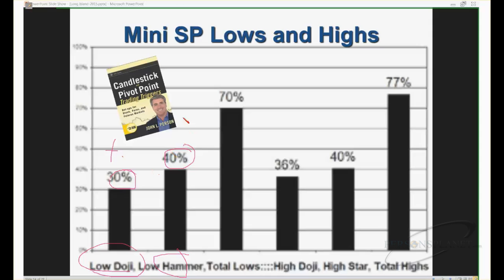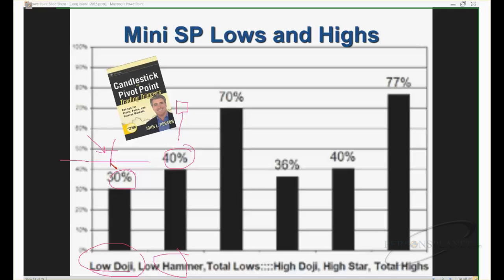The difference is a doji kind of looks like that. The hammer looks like this, real simply stated. But what we really found out was that sometimes, and this is where my work combined, when the market was near a predicted pivot support and you got a doji formation, it wasn't that the doji marked the low of the move.